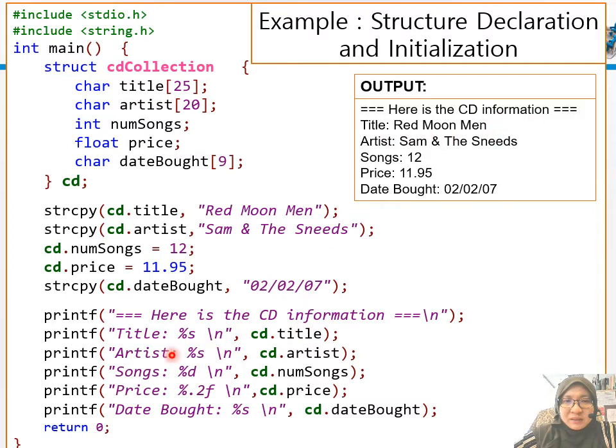You have the title, artist, song, price, and these are all the data that you have set here, input here. Then this is displayed. Remember declaration, then these are the input, so these are the output. Retrieve the input to display all the data or output.